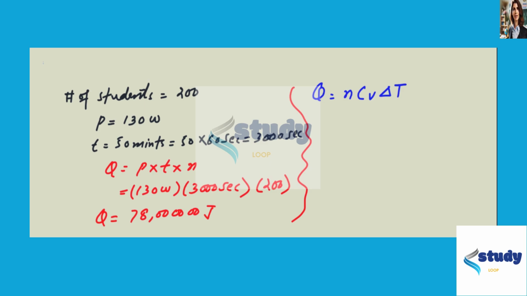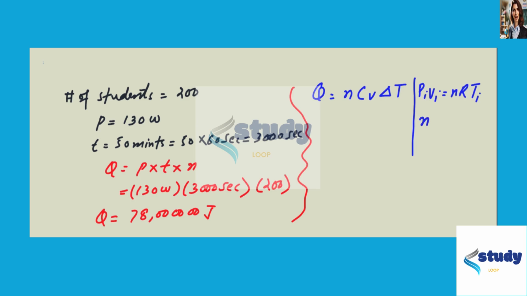As by using ideal gas equation, we can write Pi Vi is equal to nRTi. Here Pi is initial pressure inside the room, Vi is initial volume, and Ti is initial temperature inside the room.